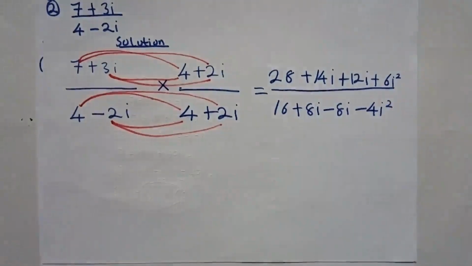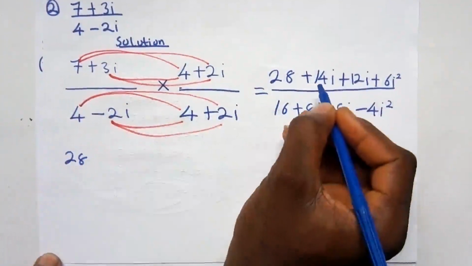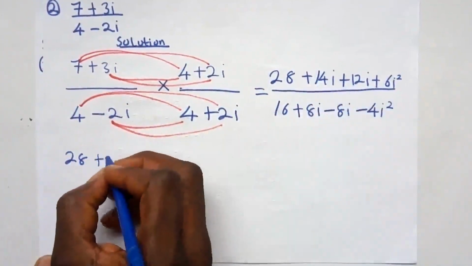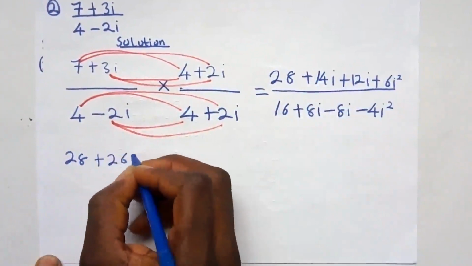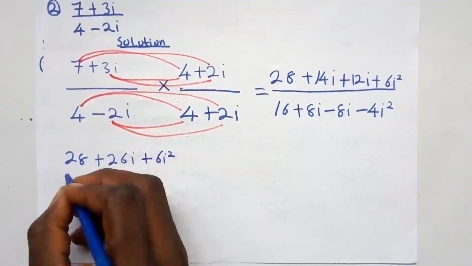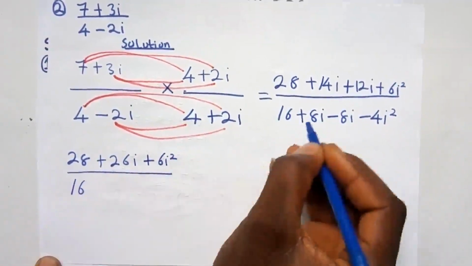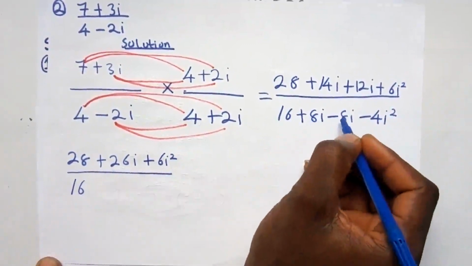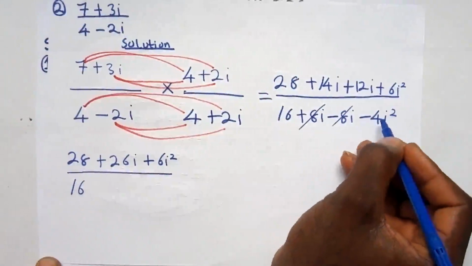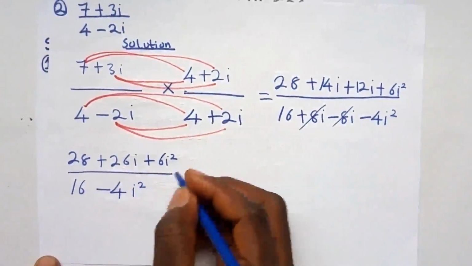So let's simplify this. 28 plus 14i plus 12i gives us plus 26i plus 6i squared, all over 16 plus 8i minus 8i gives us 0. So they can cancel each other, remaining minus 4i squared.